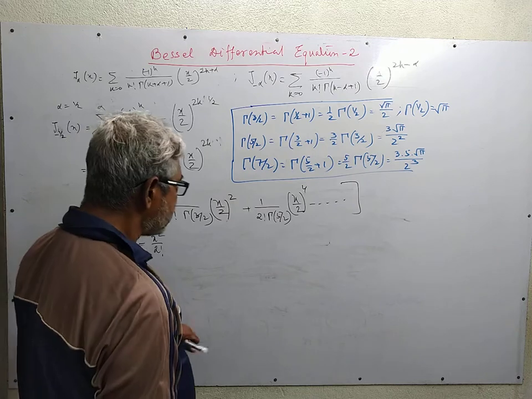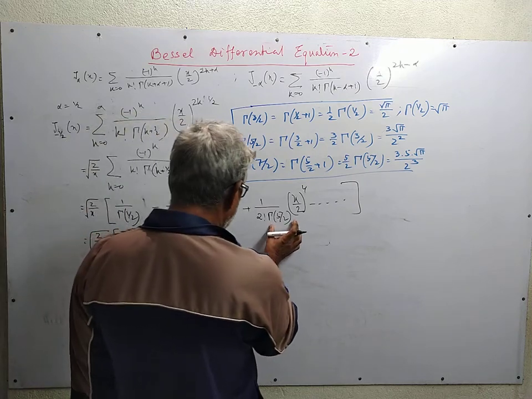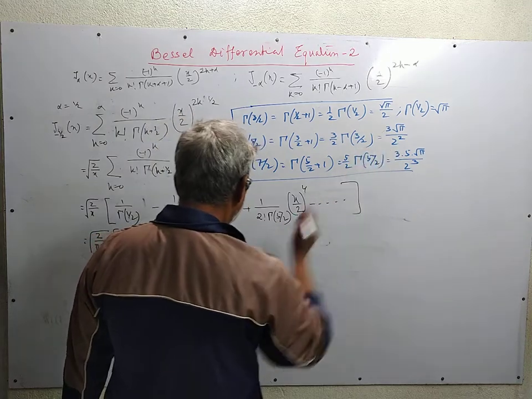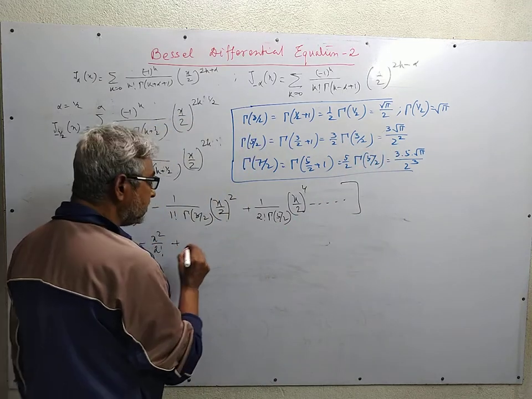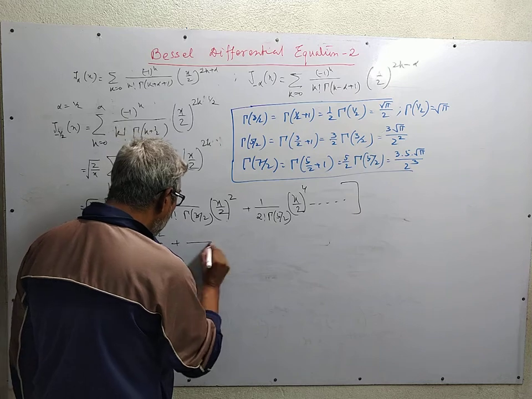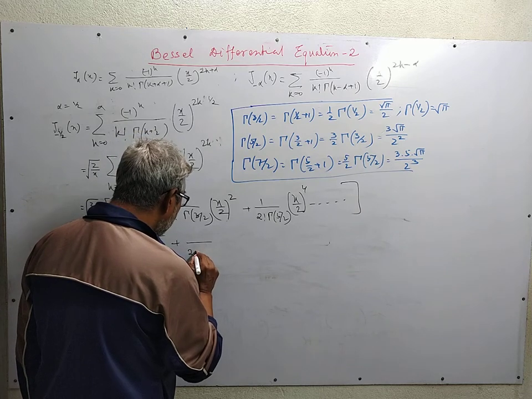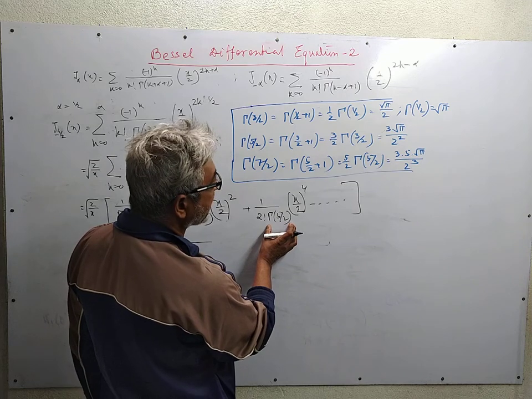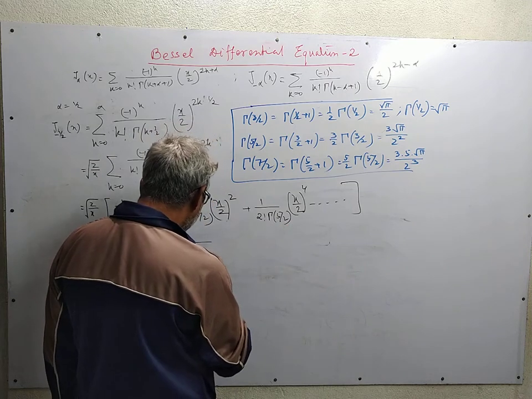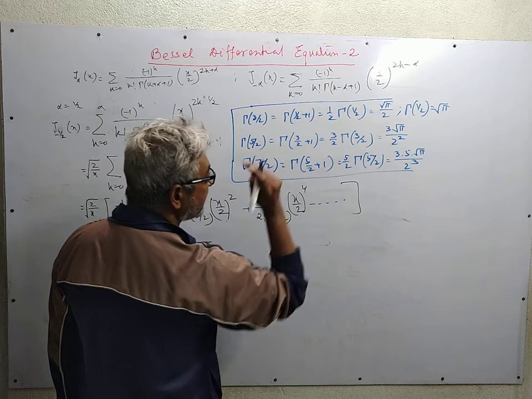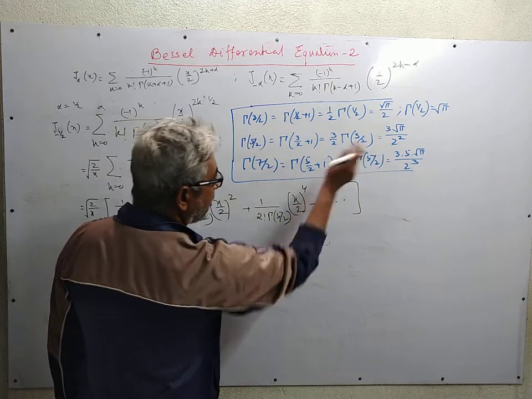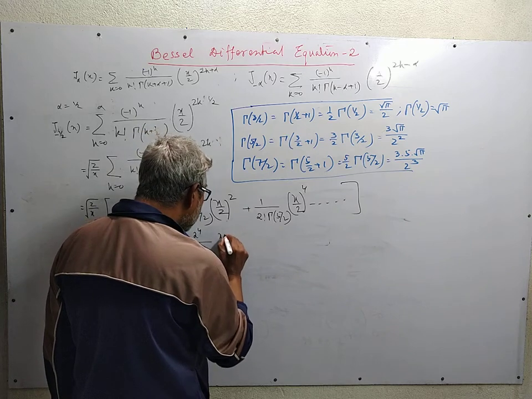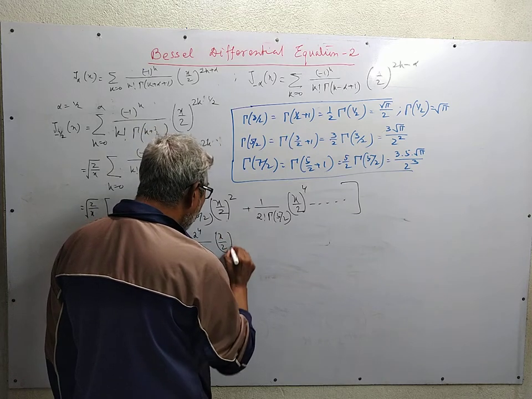Now coming to this part, this 5 by 2 is 3 plus 2 factorial, then this part gamma 5 by 2 is 3, and then 2 square in the numerator at x by 2 to the power 4.